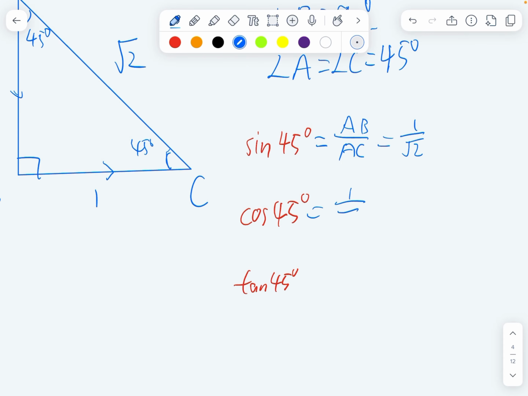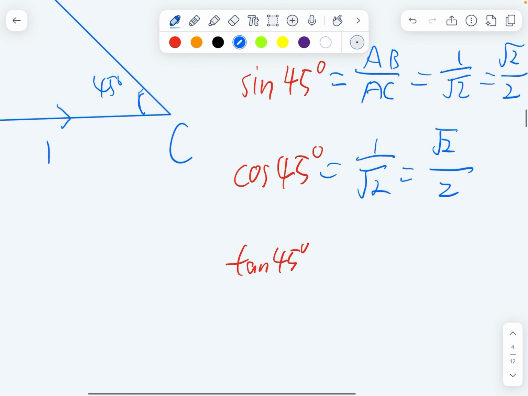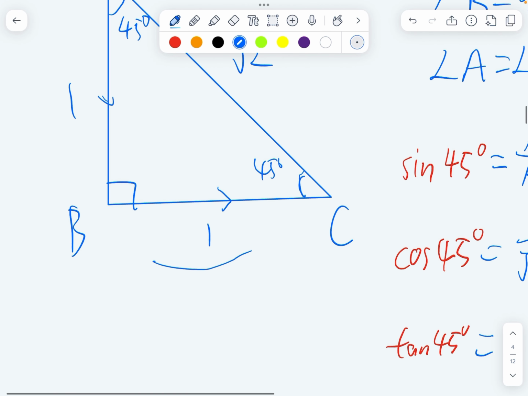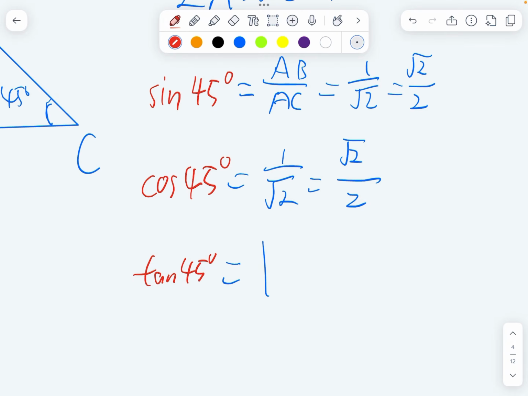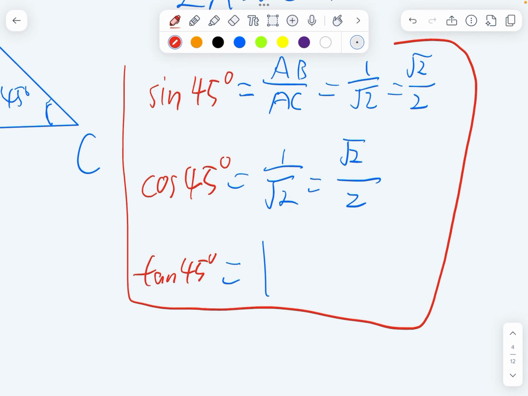That means the same, 1 over root 2. The second one is tan 45 degrees, which equals AB over BC. Because both are 1, the answer is 1. Okay, that's the second special angle you must remember.